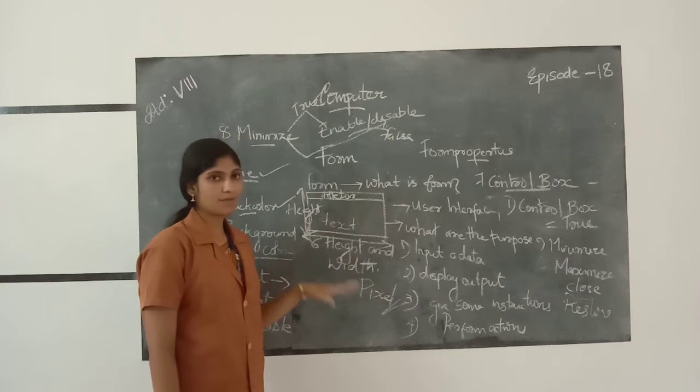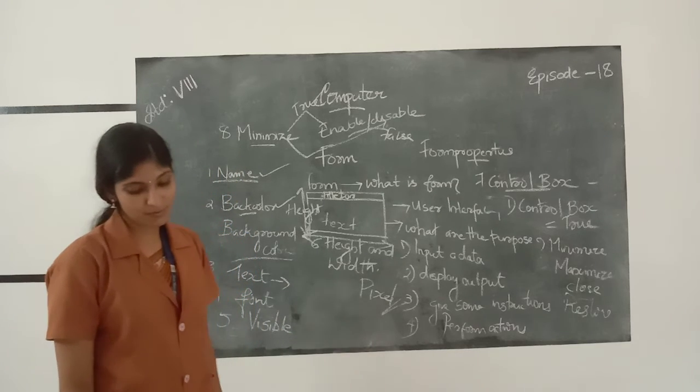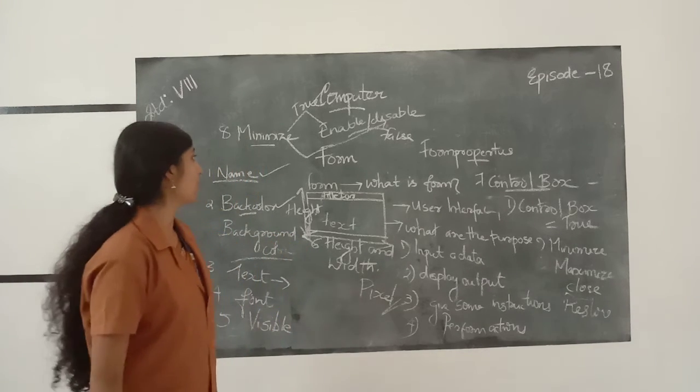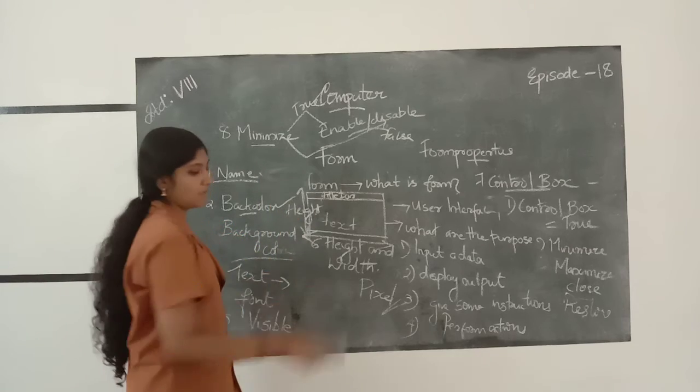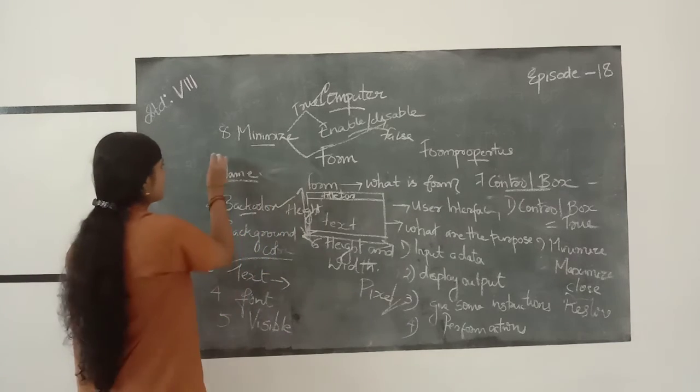Same as the minimize button, the other one is the maximize property or maximize box. So the ninth one, maximize box.